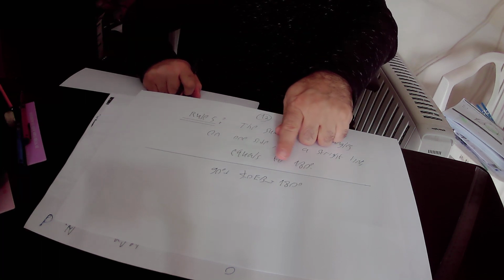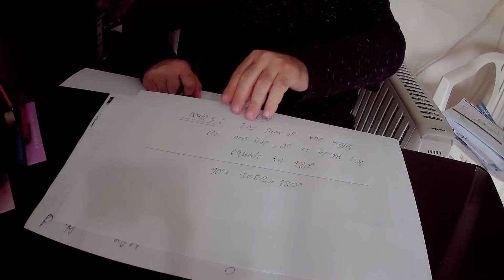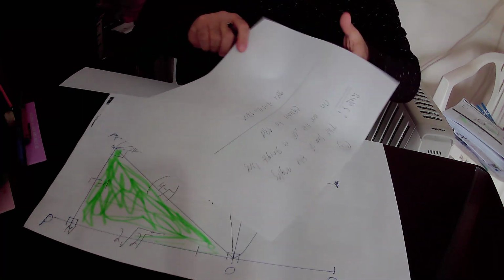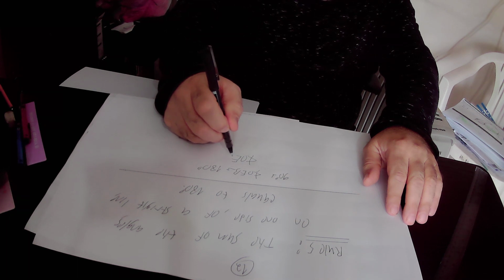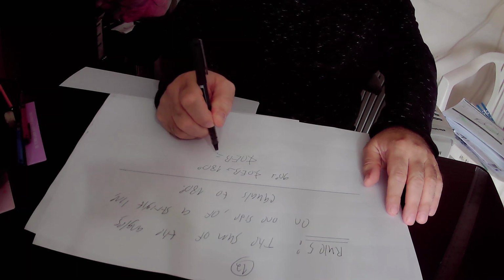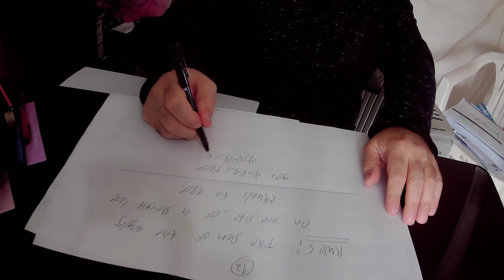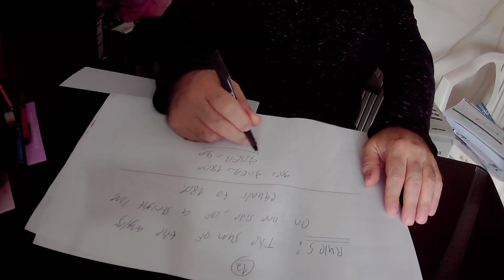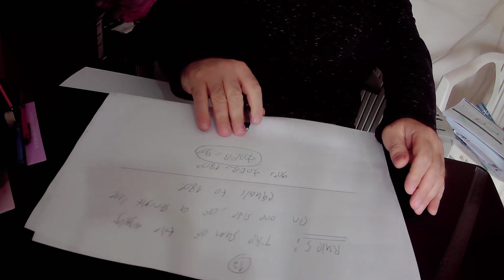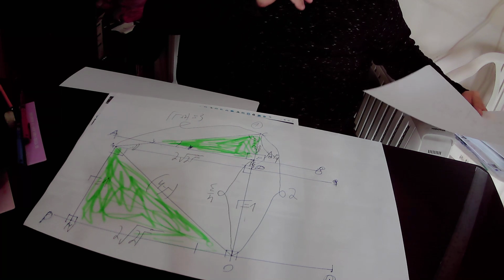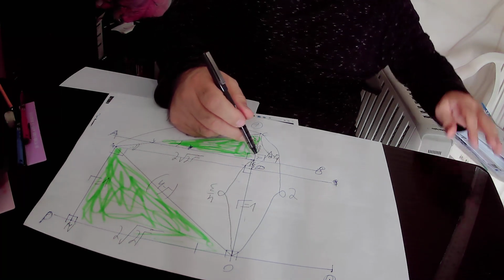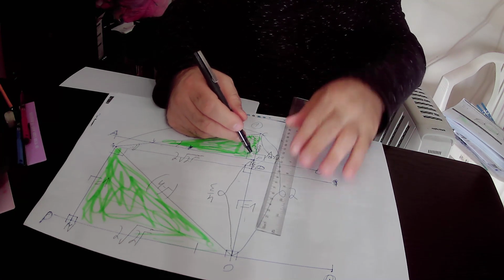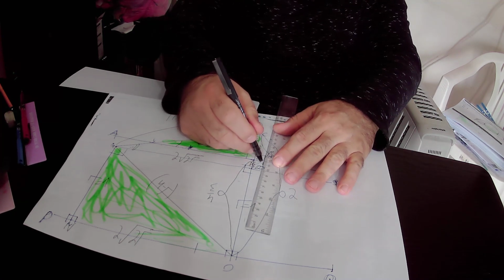Here we will subtract 90 degrees from this equality and we will get that angle OEB equals 180 degrees minus 90 degrees, angle OEB equals 90 degrees. So we found out that this angle OEB is a right angle, that is to say it equals 90 degrees.